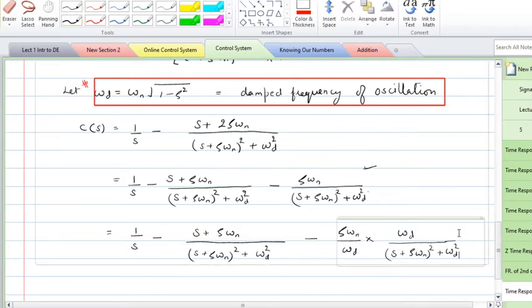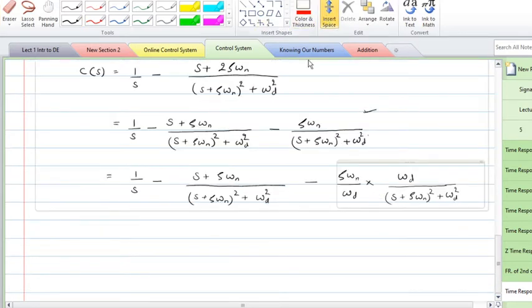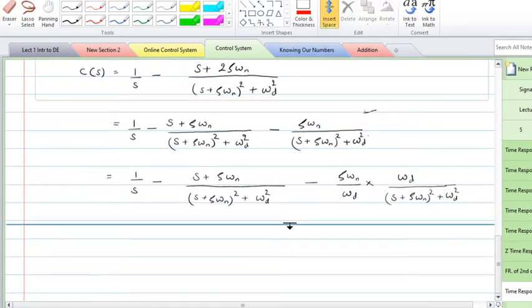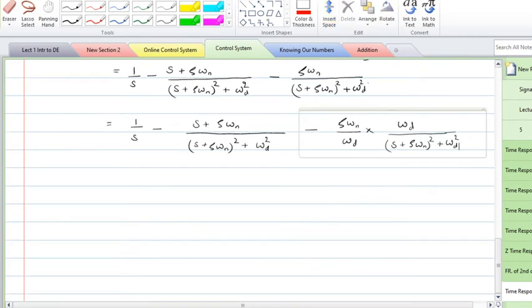Okay, so this term will now be converted into the Laplace transform of cos omega d t, and this term converts into the Laplace transform of sin omega d t, with an exponential factor, that is e to the power minus zeta omega n t.